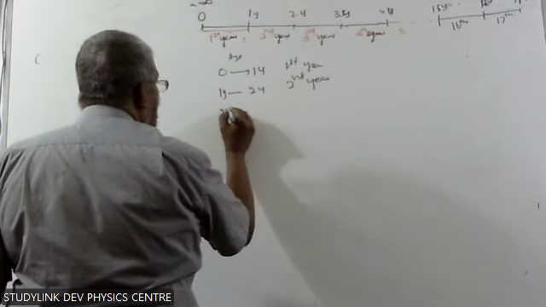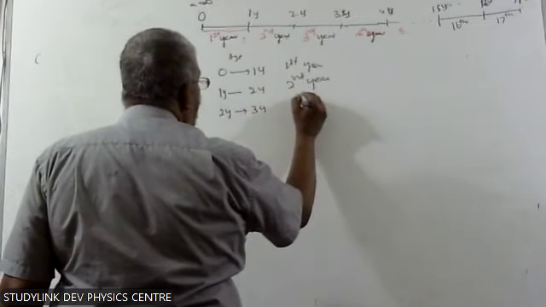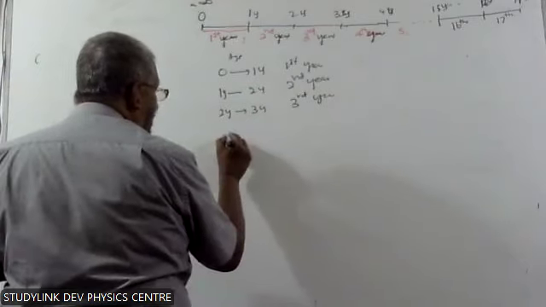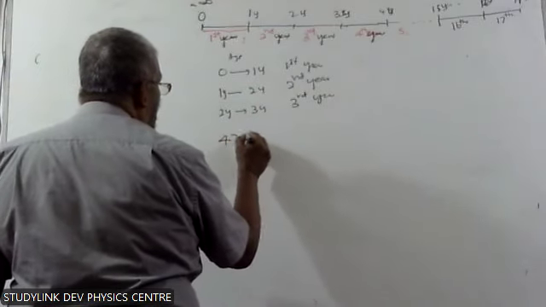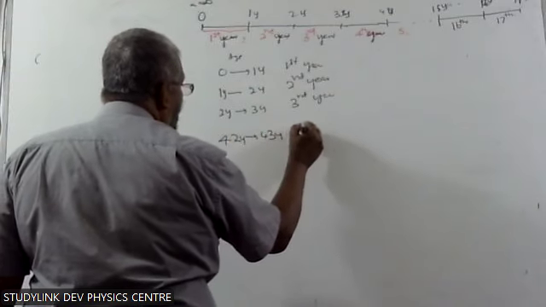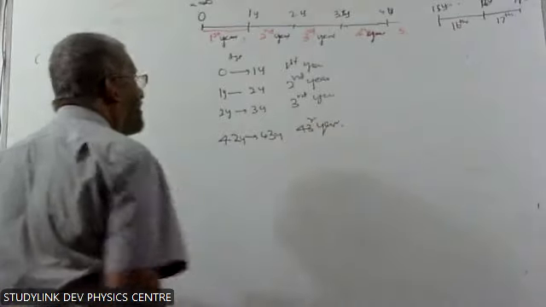Then you can write 2 to 3, third year. If a person's age is 42 to 43, then it is the 43rd year of the person.